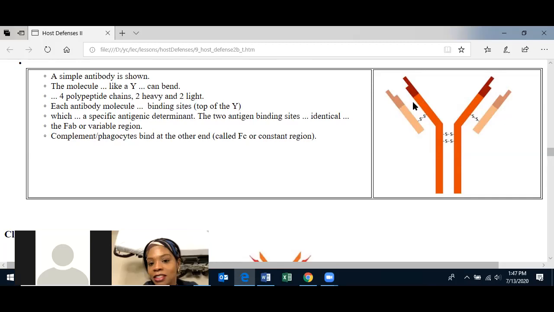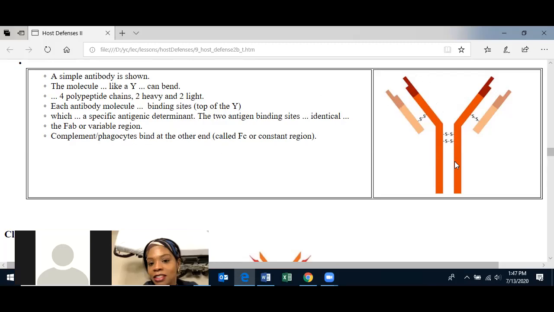And that's why it's called the variable region. It's also called the fragment that is antigen binding, or Fab. There it is. Fab, because it's the fragment of the antibody that binds to the antigen, and they just call it Fab for fragment antigen binding for short.